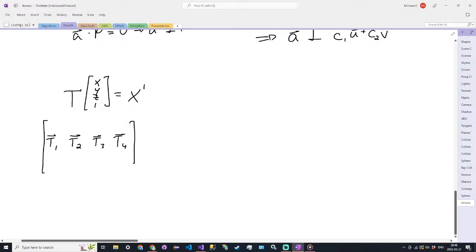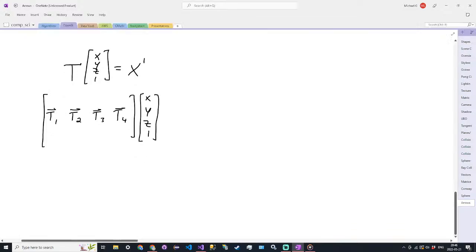So these are the 4 columns times x, y, z, and 1. Well, this is just equal to x times T1 plus y times T2 plus z times T3 plus T4.